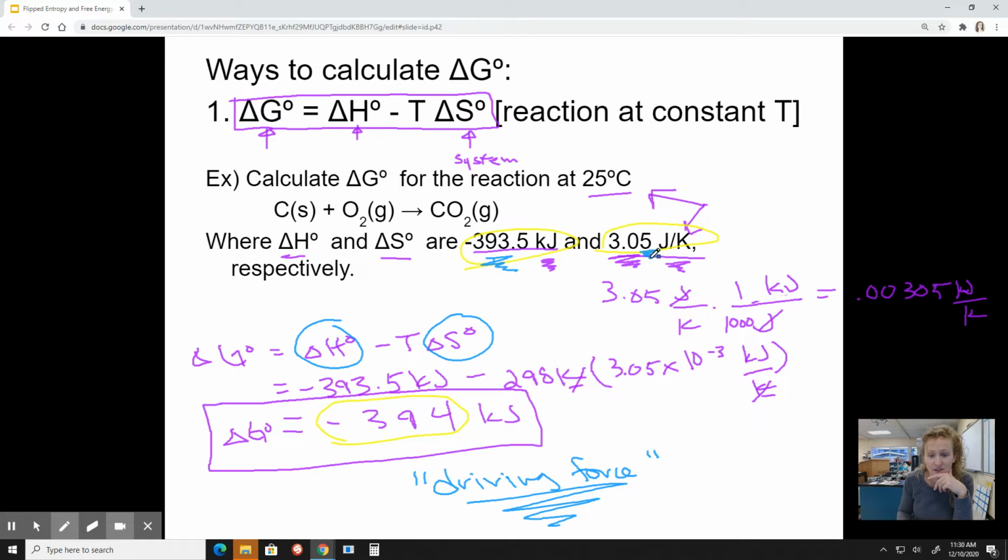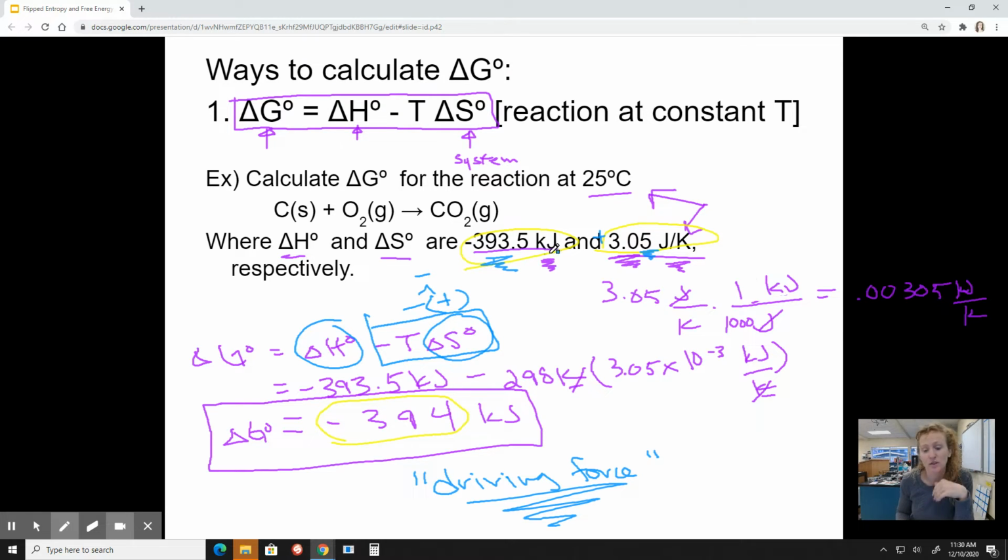Delta S is over here. Delta S is positive. But notice that the entire term is negative. So a positive delta S combined with a negative for the whole term is going to be negative overall. So delta S is also driving free energy in a spontaneous direction.